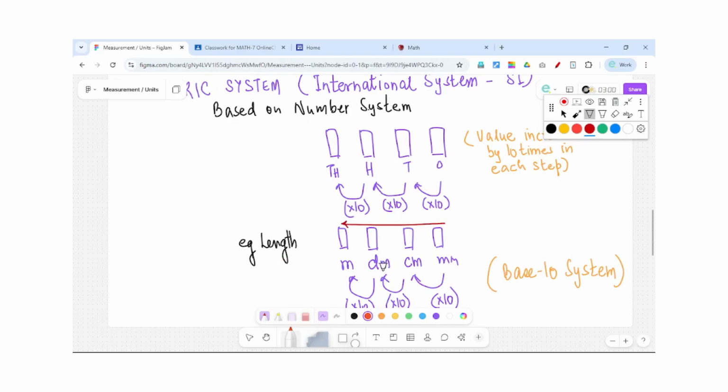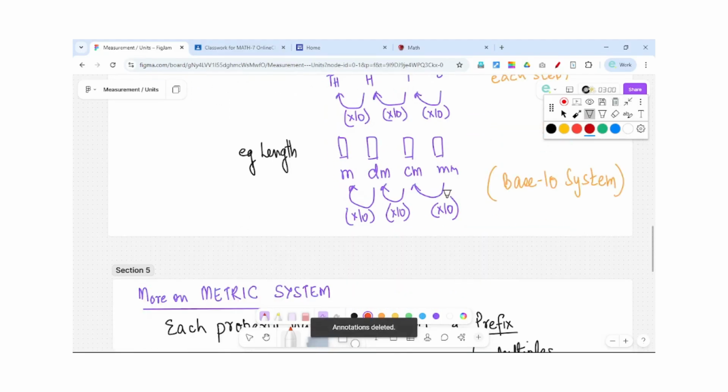In each step, you multiply by 10. So this is called the base 10 system, as you have in the number system, the place value. This metric system also adopts this base 10 system. This was an easy to remember system, and many countries adopted this.